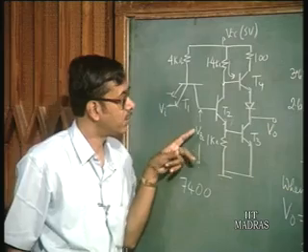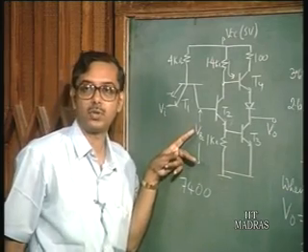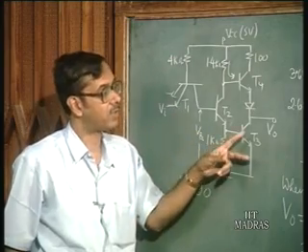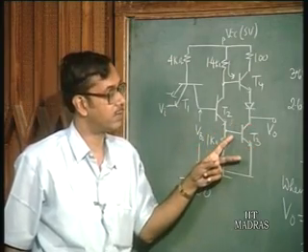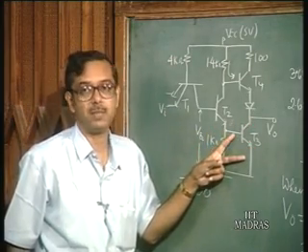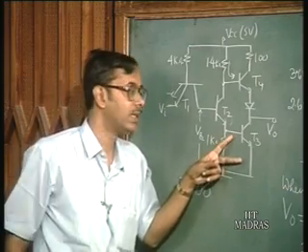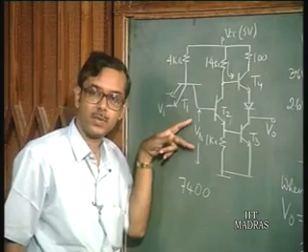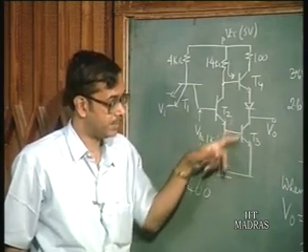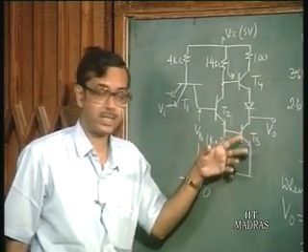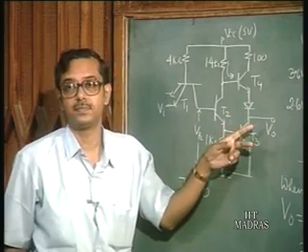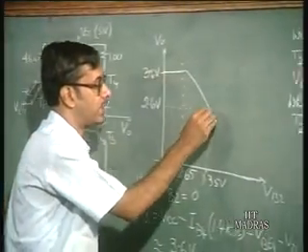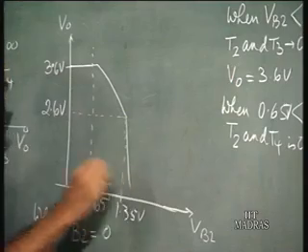So at around VB2 equal to 1.45 volts, if you say that at saturation VBE is 0.75 volts, and 0.7 for the other, at around 1.45 volts T3 goes to saturation. And when T3 goes to saturation, what is the output voltage? It's 0.2 volts. So there is a very sharp fall, you can see it actually goes down like this.